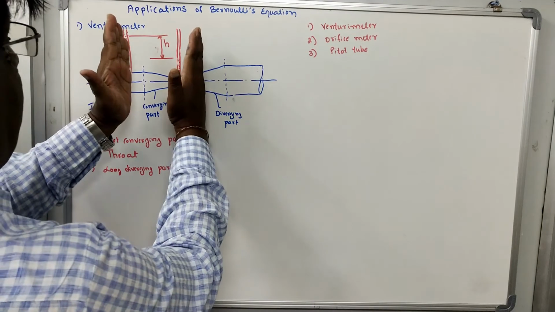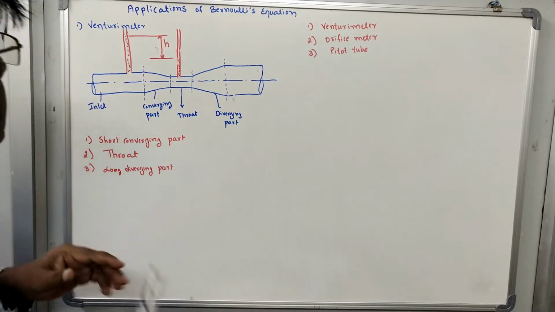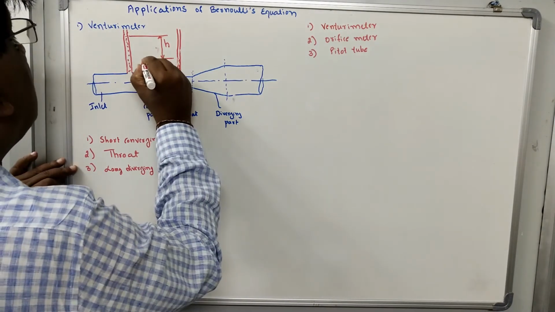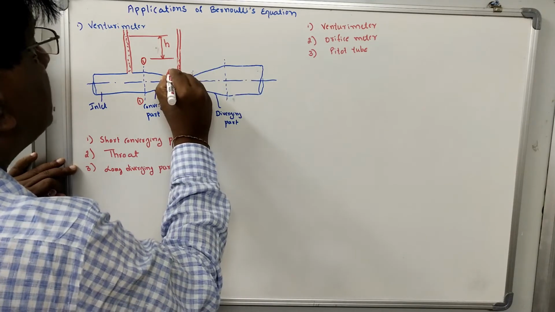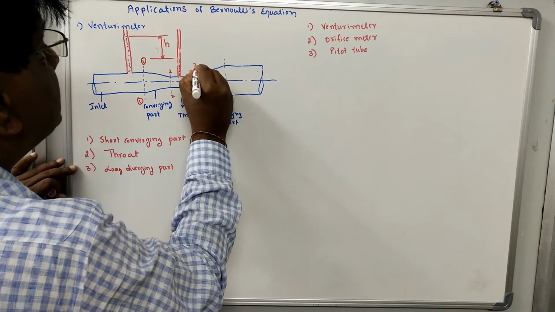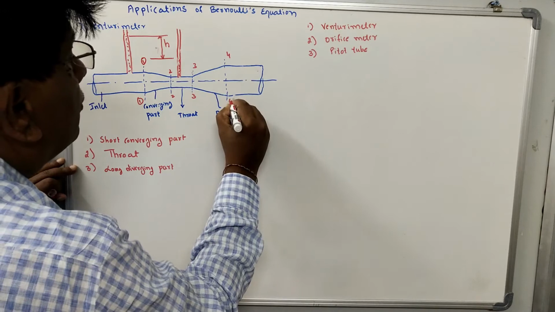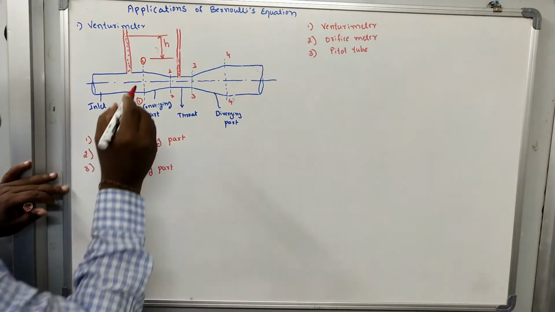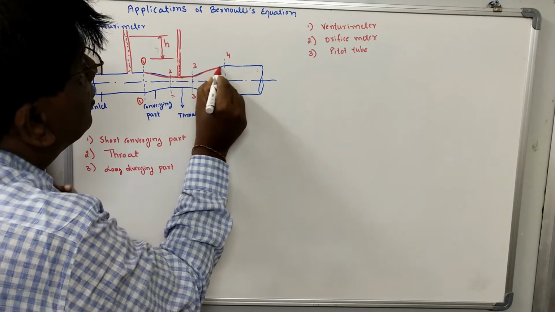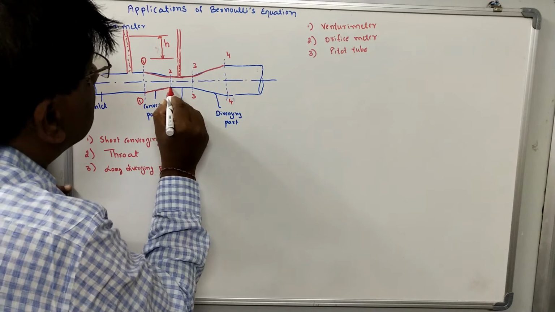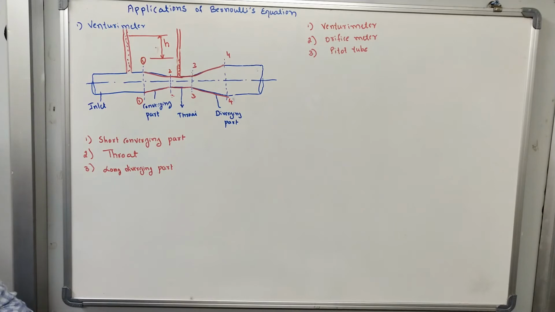This is the venturimeter. So you can say this is section 1, this is section 2, this is section 3, and this is section 4. This is the venturimeter arrangement.